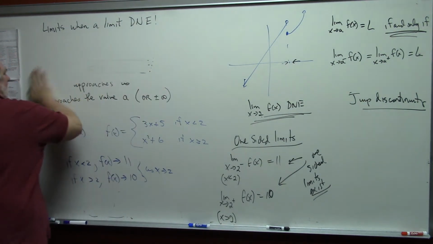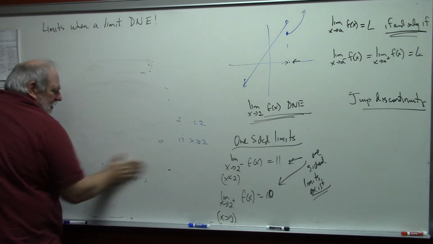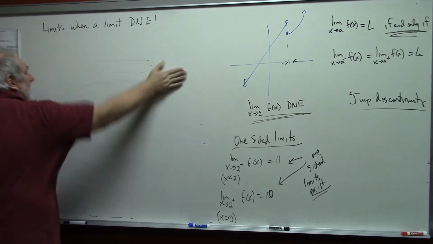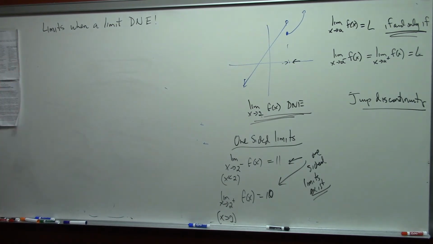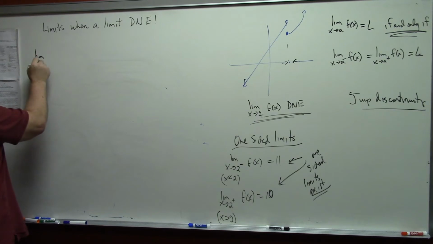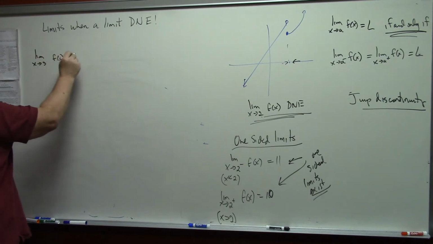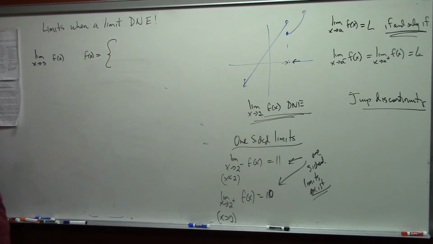So let's look at another situation here. Does the limit exist? Suppose I have the limit as x approaches 3 of f of x, where f of x, again, is a piecewise defined function.